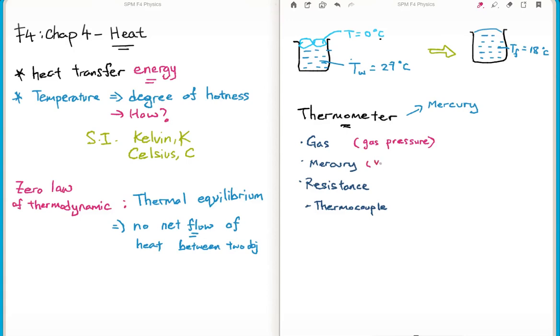For mercury, you make use of the volume change of the mercury. A resistance thermometer makes use of electrical resistance, like in some electrical devices, of platinum. A thermocouple works by a junction effect.